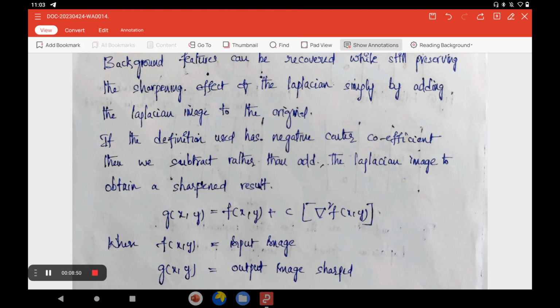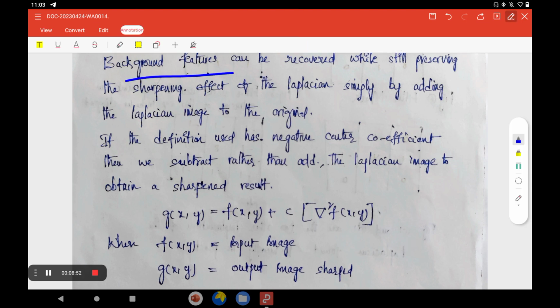Here are some points related to this. Background features can be recovered while still preserving the sharpening effect of the Laplacian simply by adding the Laplacian image to the original image. That means if you want to preserve the background information, you have to add the Laplacian filtered image to the original image.